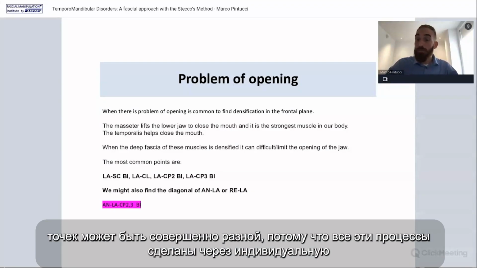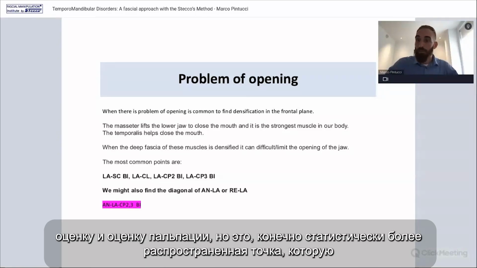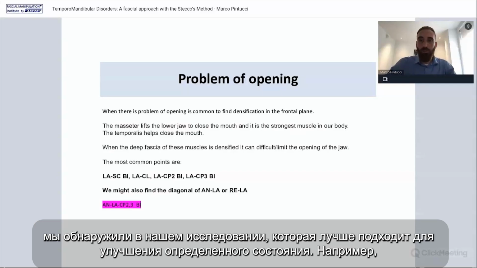The combination of points can be completely different because all this process is made through individual evaluation and palpatory evaluation. But those are, of course, statistically more common points that we found, for example in our study, that work better for the improvement of certain conditions.